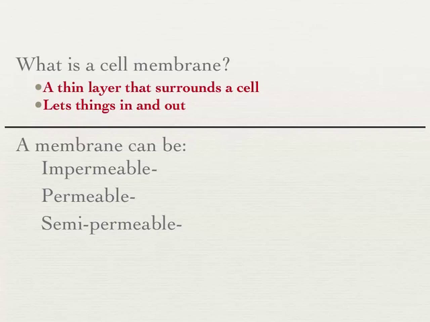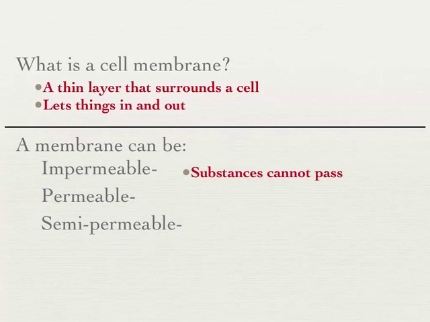And when we talk about membranes, we have some terms that we use. We could say that the membrane is impermeable, permeable, semi-permeable. Anyone want to guess what any one of those words means? Impermeable.